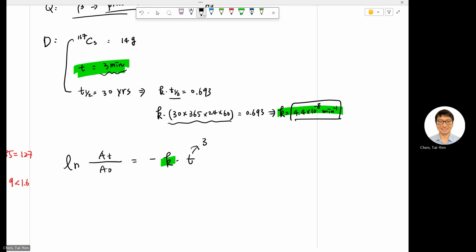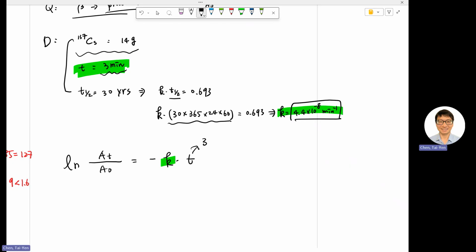If you look at this question, what's the information that you get? 14 grams, right? To start with. So is that your A_t or A_0? A_0, right? So that is actually what you want to put into your equation.